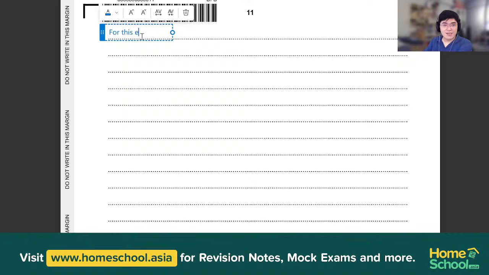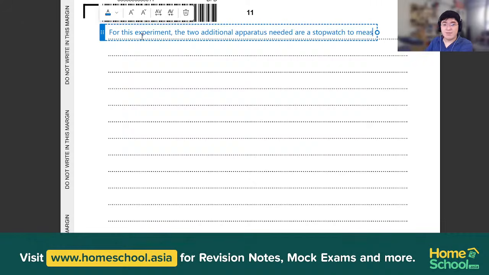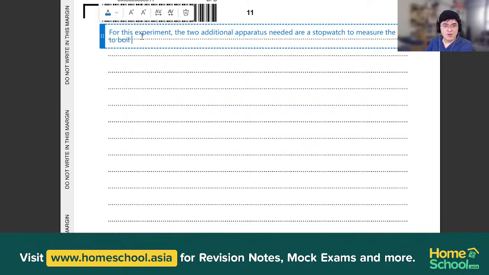For this experiment, the 2 additional apparatus needed are a stopwatch to measure the time taken to boil the water and a thermometer to measure the initial and final temperatures of the water.